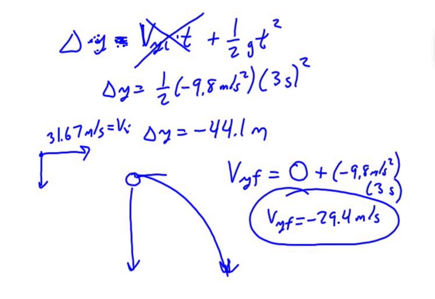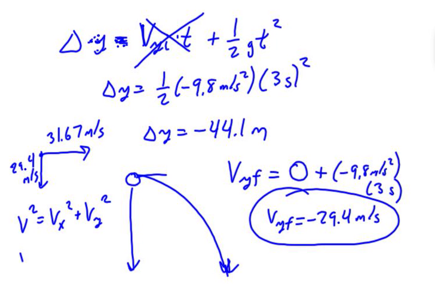And in the y direction at the end, down is 29.4 meters per second. I conveniently got rid of the negative symbol here. It's not going to matter, because when I solve for v, the equation is that v squared equals vx squared plus vy squared. When you square a negative number, it's going to work out either way.